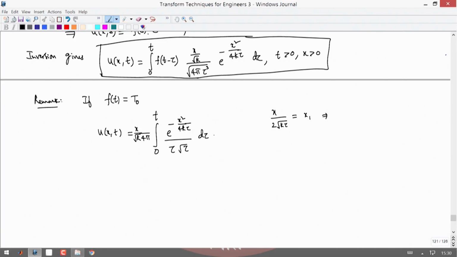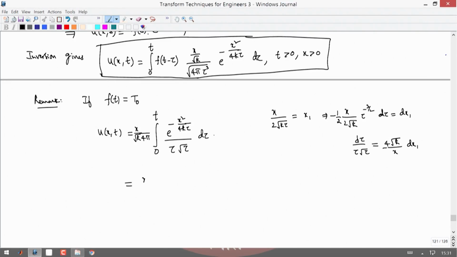So, x by 2 root k is a constant, and tau power minus half gives me minus 1 by 2 times tau power minus 3 by 2, which times d tau is equal to dx1. So, what you have is 1 by tau root tau d tau is equal to 4 root k by x with minus sign with dx1. So, that is what you have to write.